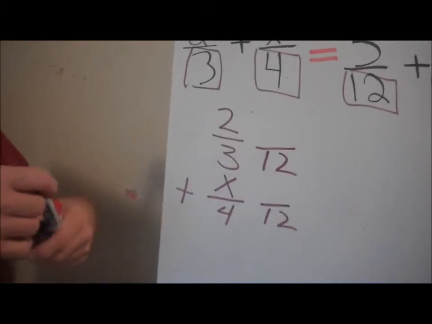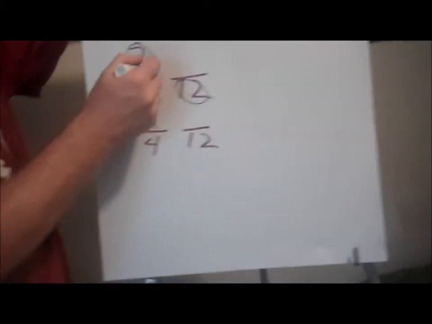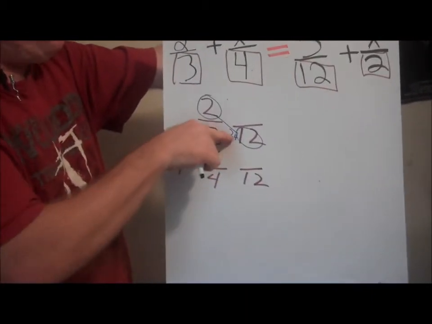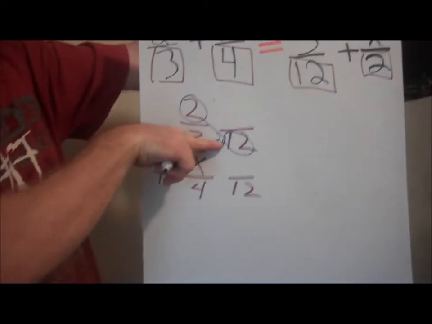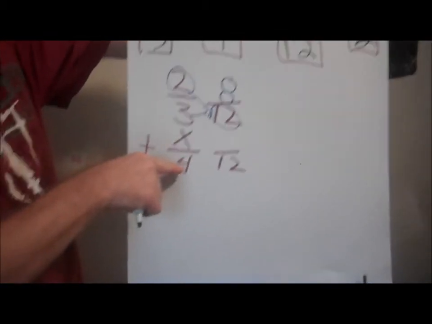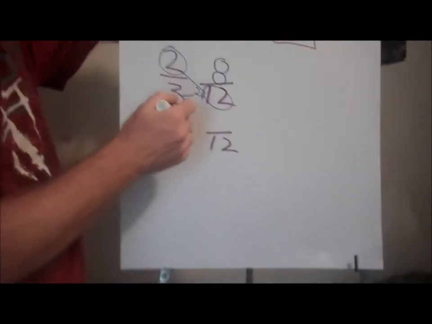Now, for those of you who don't like to divide first, it's okay to take 2 times 12 and get 24, and then take 3 into 24. See how that works? That gives us 8. And then we can do the same thing here. 12 times x.